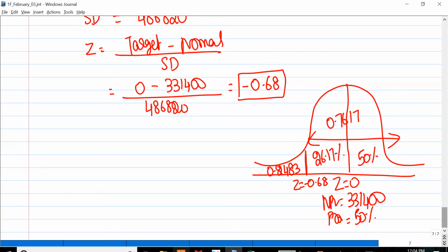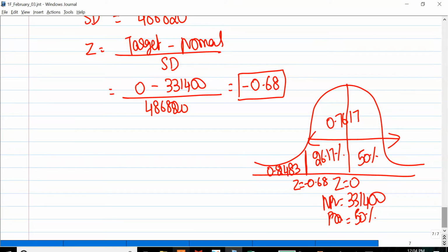Next point. In case Z is positive, the probability will be more than 50%.